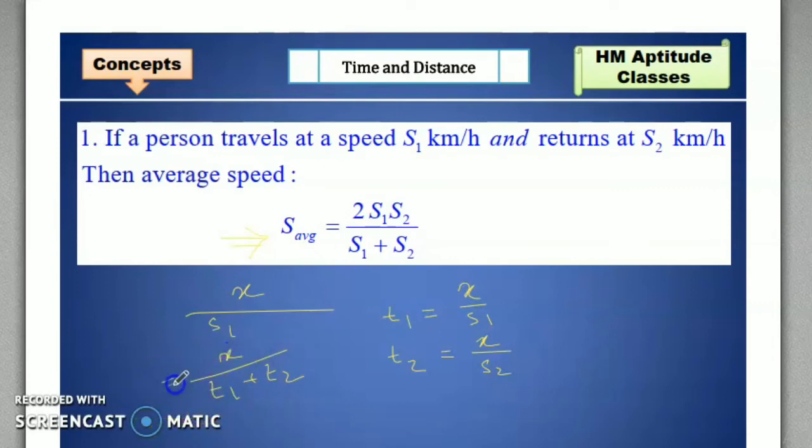So your average speed, S average, is total distance divided by total time taken. Then t1 and t2 you can replace here, x by s1 plus x by s2, or you can write x upon, if you take common s1 and s2, then in the numerator we will get x into s1 plus s2.